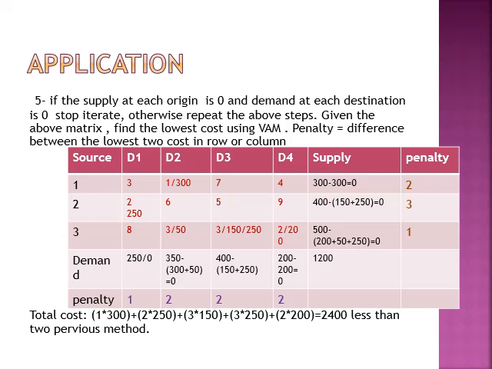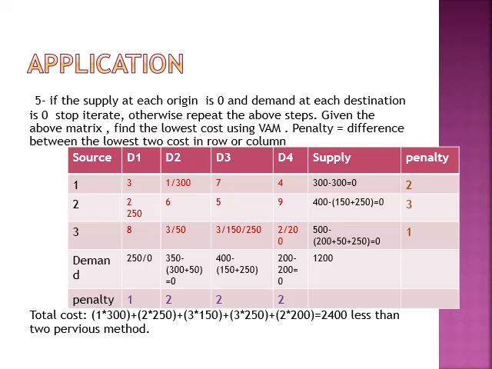Let's move to D3. D3 requires 400. We will give D3 250. The remainder is 150.